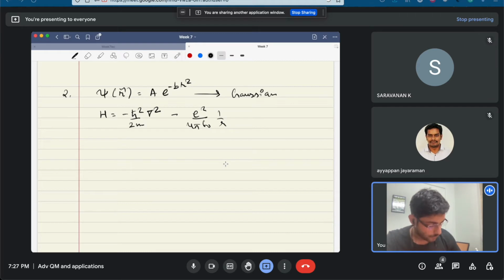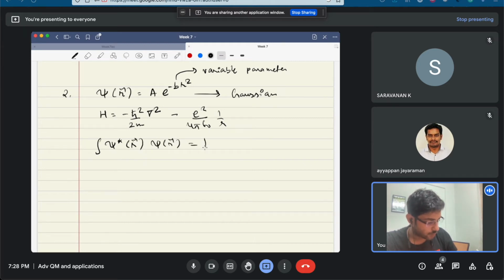Okay, now first we have to normalize the wave function. As you can see, it is written with A e to the power. So b is the variable parameter that we are supposed to optimize by taking the differentiation, and A is the normalization constant. Okay, so to normalize it, the integral of psi star psi has to be equal to 1.